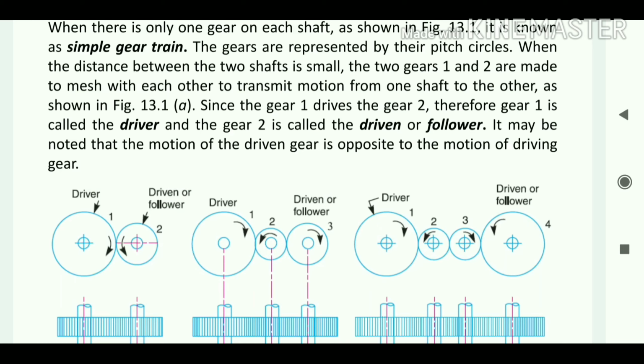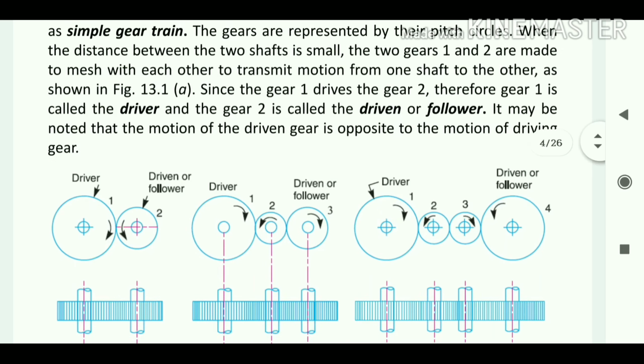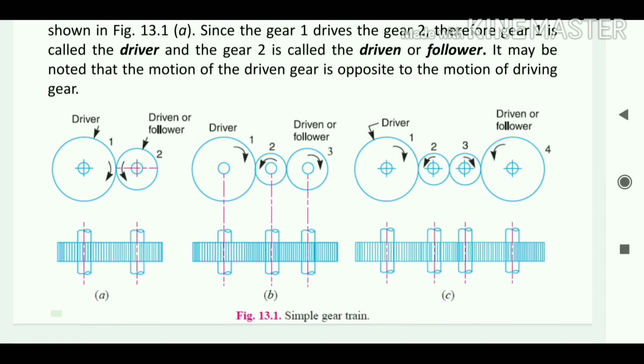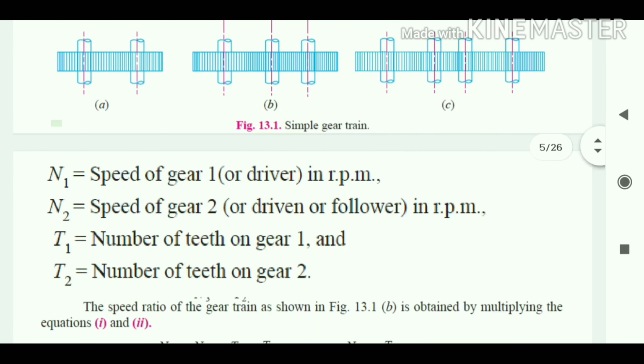The idler gear is used when the power transmission distance is more between the two gears, or to obtain the desired motion in the desired direction.